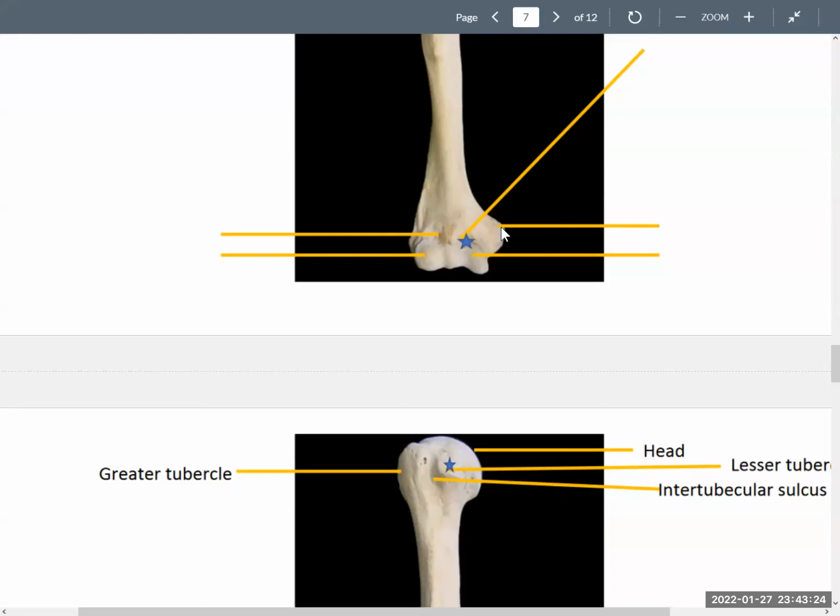Oh, sorry. Say it. Somebody was trying, thank you, but I didn't catch it. Epicondyle, medial. It is the medial epicondyle.